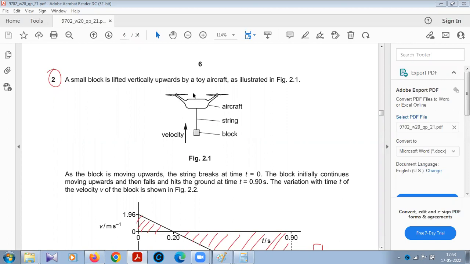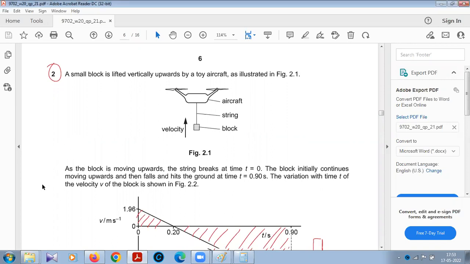There is some lift force acting. That is why it moves up. So that force is greater than the weight of the object. That is why it is moving up. So what is given to you? As the block is moving upward, the string breaks at t equal to 0.